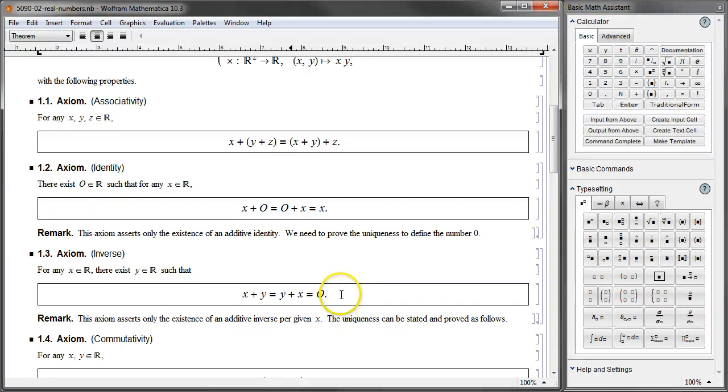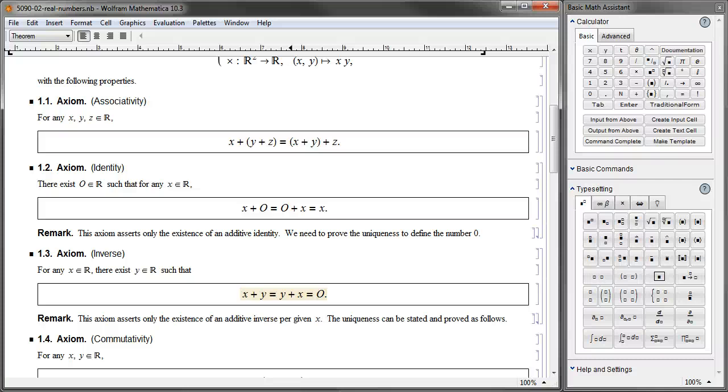Next, the additive inverse. Likewise, we can prove the uniqueness. For a given real number x, the existence of an additive inverse is given. There is a certain real number y such that x plus y is equal to y plus x equal to 0. Fine. What if there are more than one?